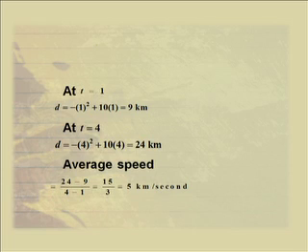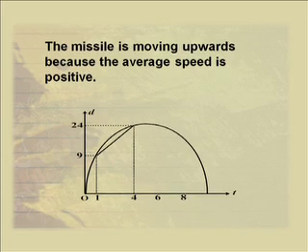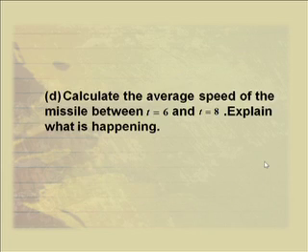The average speed is (24 - 9)/(4 - 1) = 15/3 = 5 kilometers per second. The missile is moving upwards because the average speed is positive. As you can see, it goes 9, 19, then 24, and the list goes on.